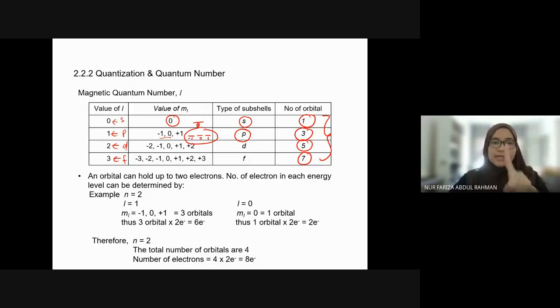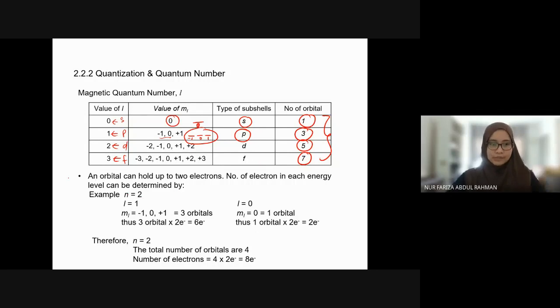For the P orbital, there are 3 orbitals. The D orbital should have 5 orbitals. For the F-shaped orbital, there are 7 orbitals.